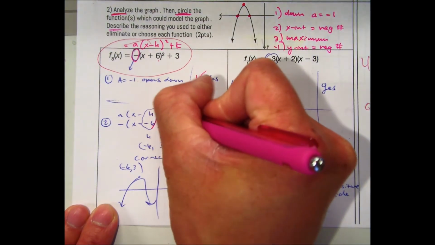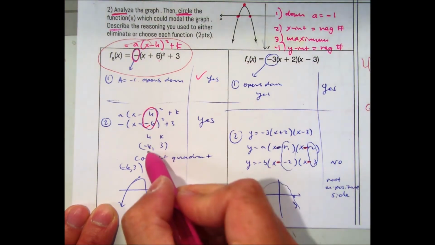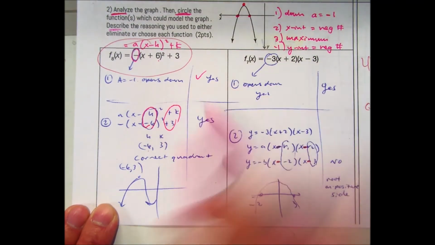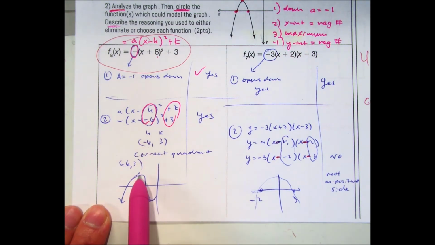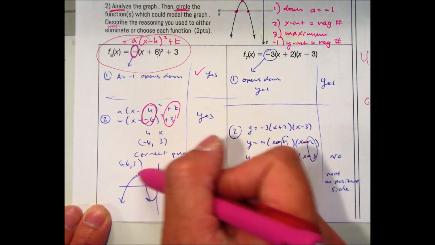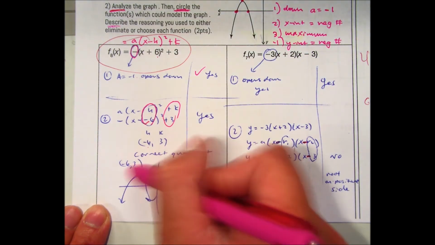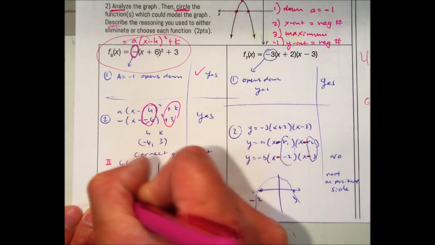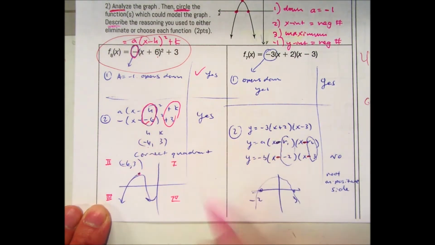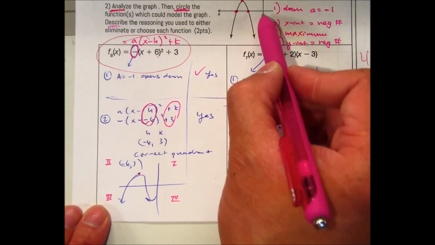So my h value is negative 6 and my k value is a positive 3. So if you graph this, negative 6, 3, that's left 6, up 3, that means that my vertex, my maximum, is in quadrant 2. 1, 2, 3, 4. And that matches what I have on this picture here.